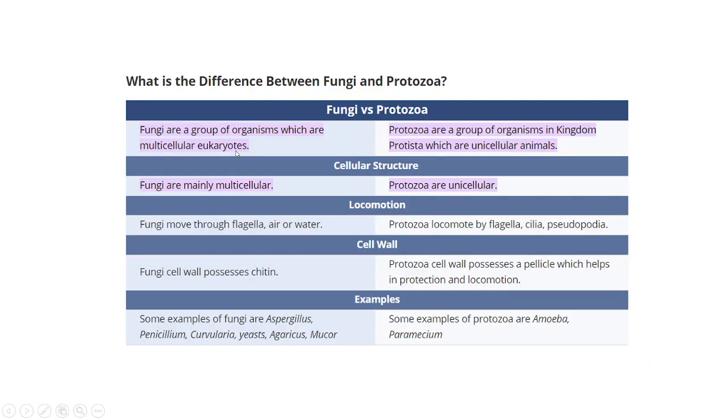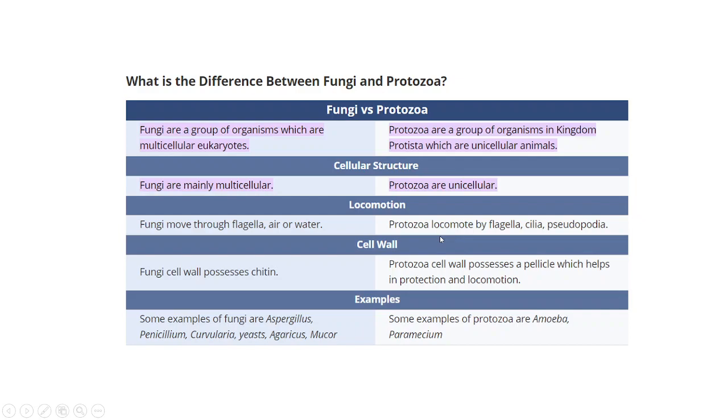Sorry, this is another slide showing the difference between fungi and protozoa. So even though fungi and protozoa both are eukaryotes, there are some differences that we can learn about them. Fungi are mostly multicellular eukaryotes, protozoa are unicellular eukaryotes, and fungi can move via flagella, air, water.